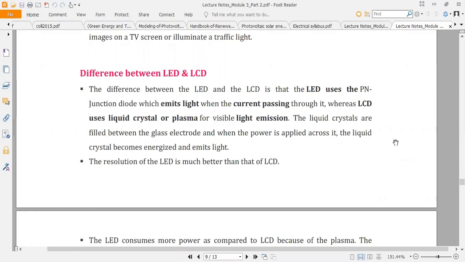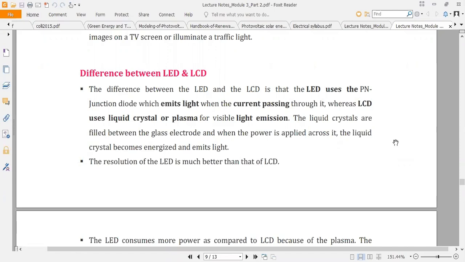Or the price is not a matter. I just want a better, good quality of TV. Okay, either it may be LCD TV or LED TV. So if you know about the basic that what are the difference between this LCD and LED, then you are able to understand the things. Okay.